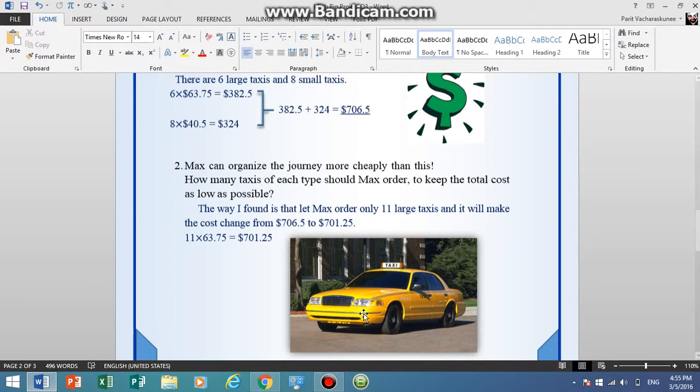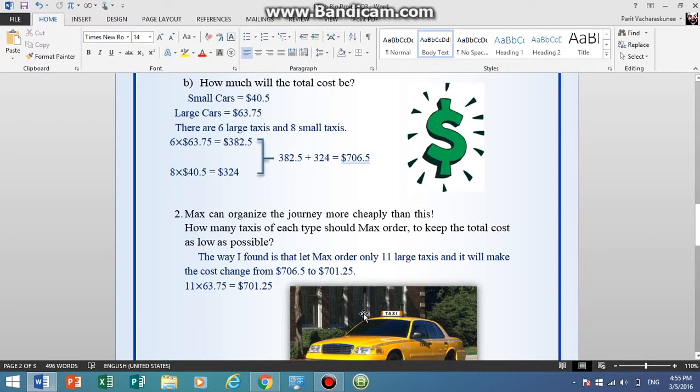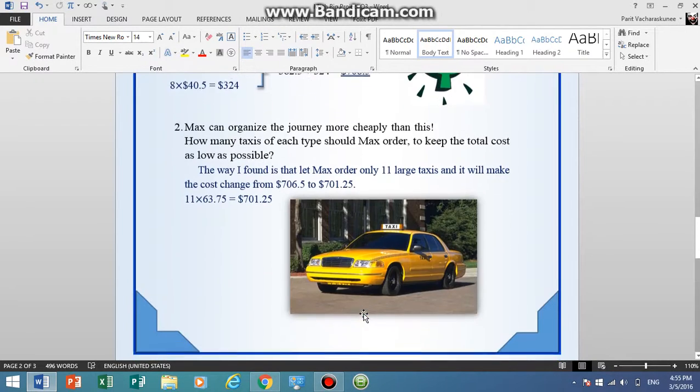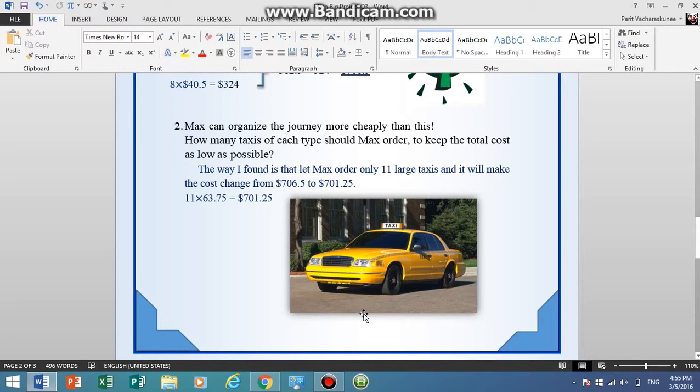The way I found is to let Max order only 11 large taxis, and it will change the cost from $706.5 to $701.25. The large taxis cost 63.75, and you times 11 with it, which is equal to $701.25.